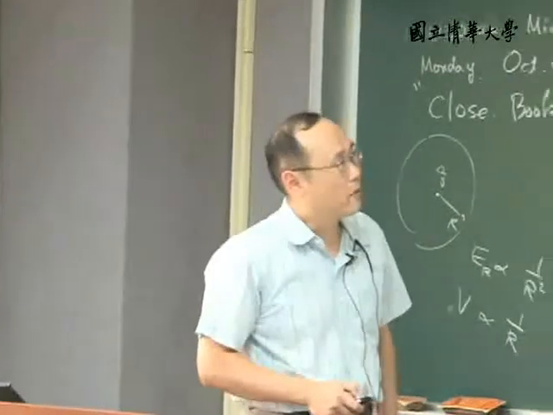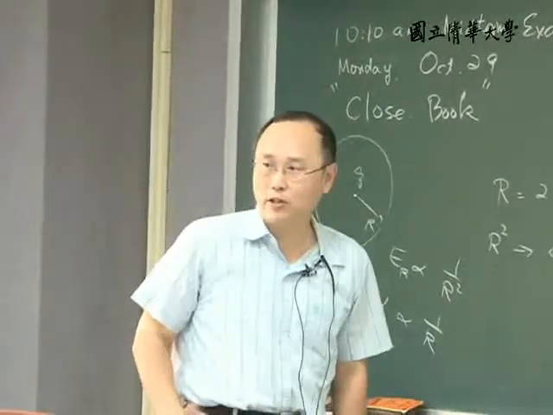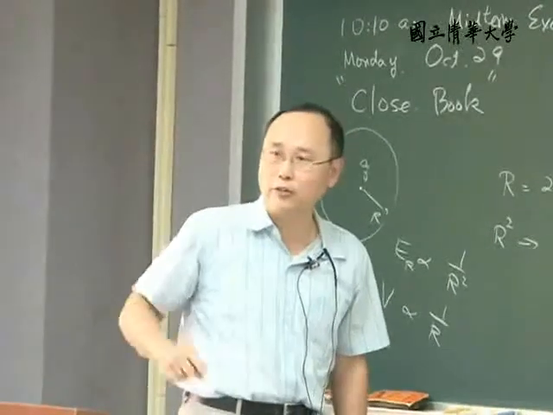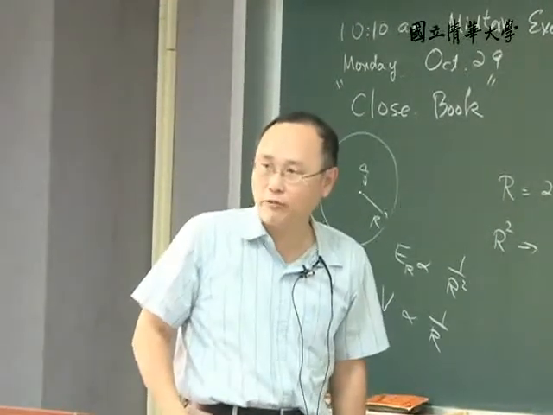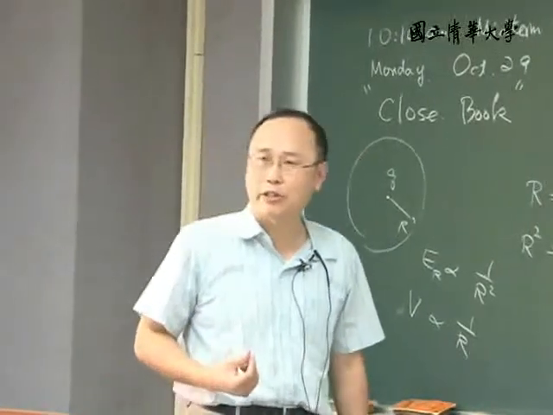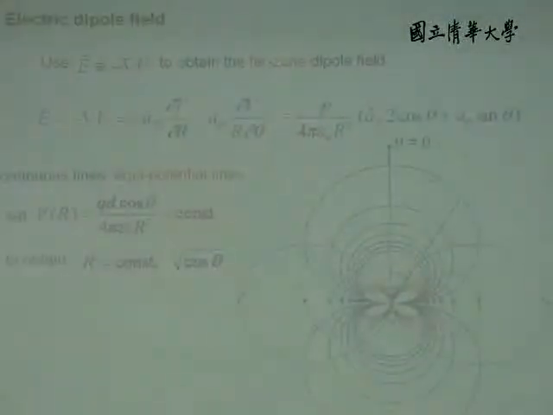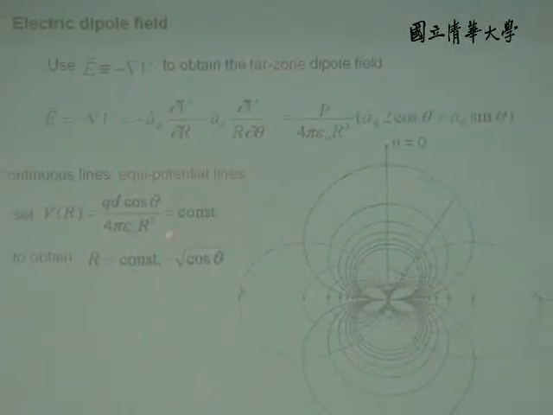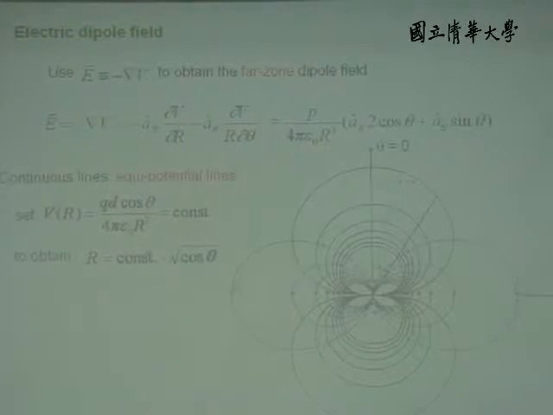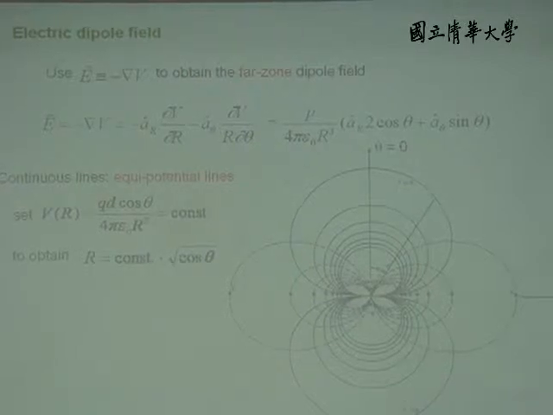Okay, once you have the R dependence and theta dependence, then you can just draw the electric field line or the equipotential line to visualize how the field or energy is distributed in space. Now, let's look at this. Well, if I want to find the equipotential surface, by definition, this V is a constant, right?